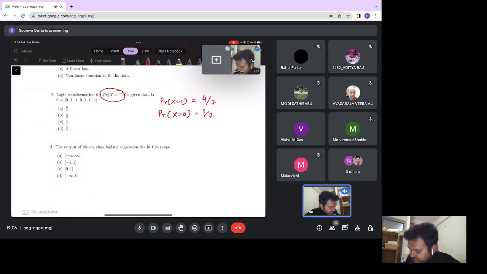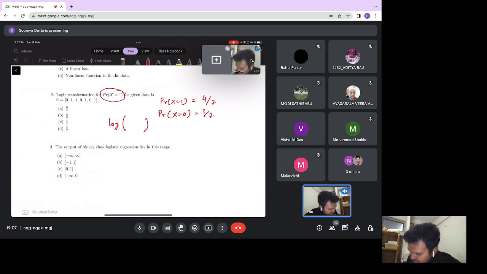So the answer for this has been marked as 4 by 3. Actually there is a log function in here, but the log is not appearing in the answers. I don't know whether this was an incorrect solution or an incorrect question, but I guess there would be a log in front of all of these.